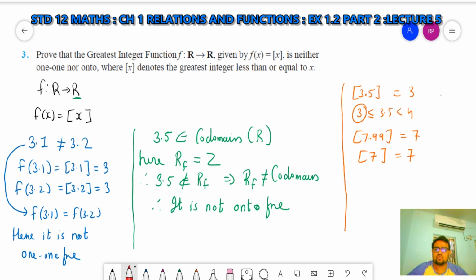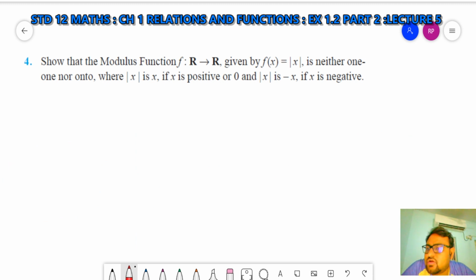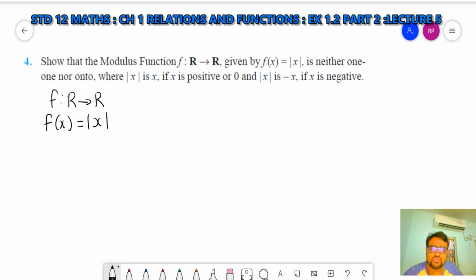Now let's move to the next question. Question number 4. The modulus function f from R to R, given by f of x is equal to modulus of x, is neither 1-1 nor onto.